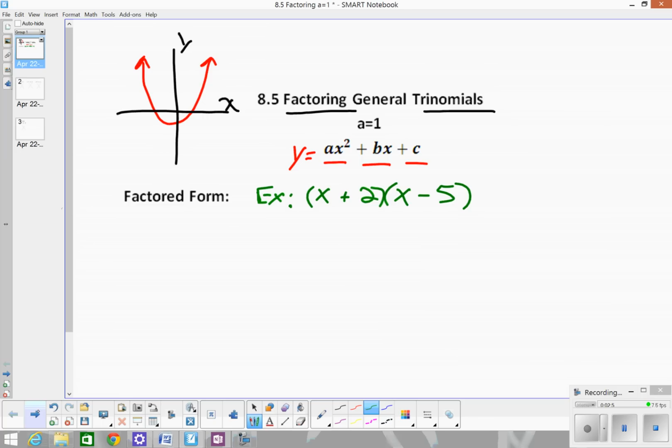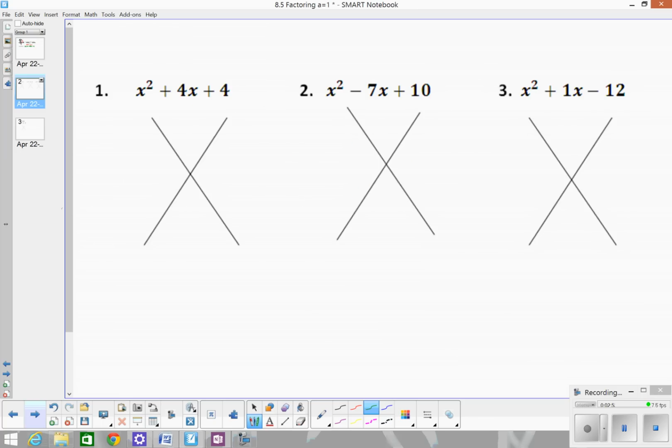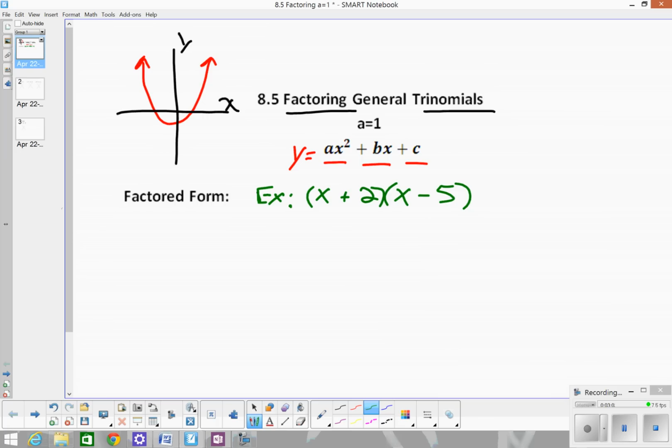So let's just jump right into a couple examples. With this stuff, it's just kind of memorizing and remembering steps. The first type of general trinomials we're going to be dealing with is where the a value is equal to 1. The a value is the number in front of the x squared. Let me say that again. The a value is the number in front of x squared, or whatever variable is squared.